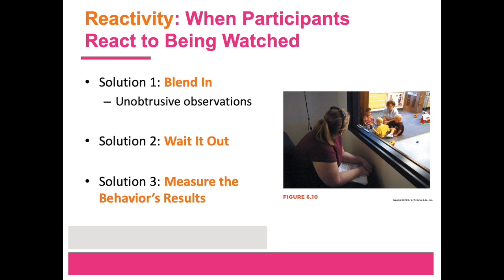But we could have just measured it based on, is there a marshmallow left over when we get back in the room as a researcher? If the marshmallow's not there, then we know they must have eaten it. If the marshmallow is there, it means they must not have eaten it. So there's a lot of ways we can do this. We can say, if they do this behavior, we know what will happen from it, and so we can just measure that, if we can't find a good way to observe without causing this reactivity.